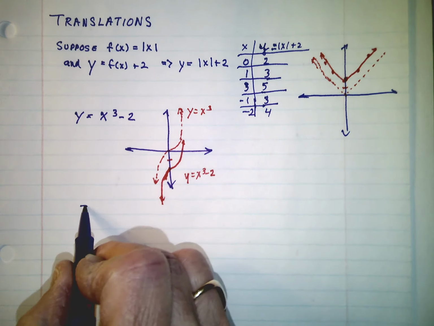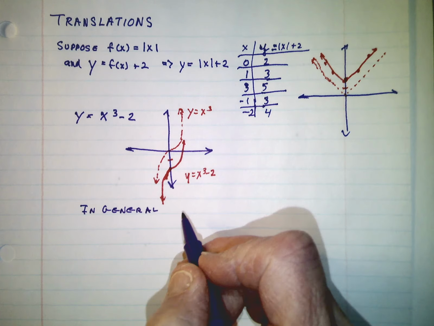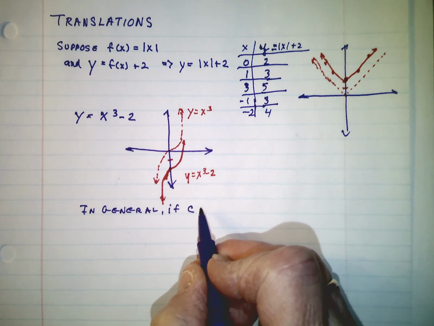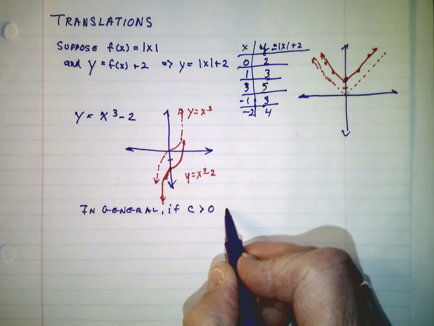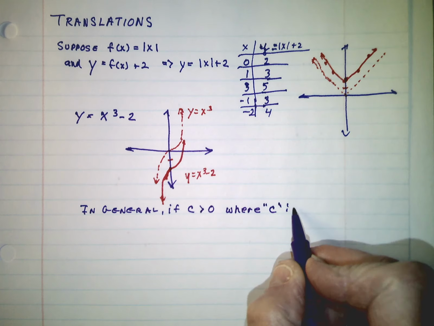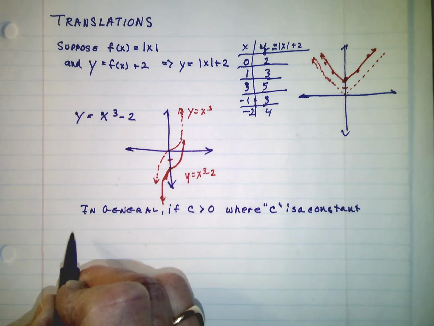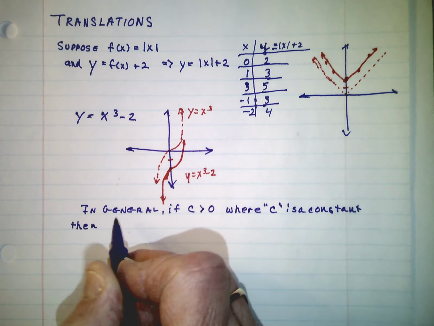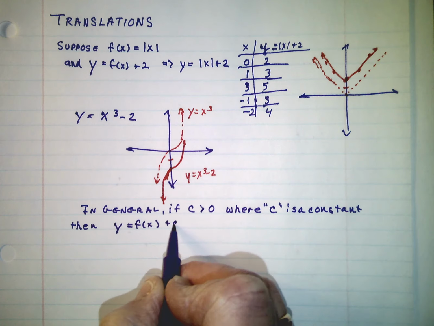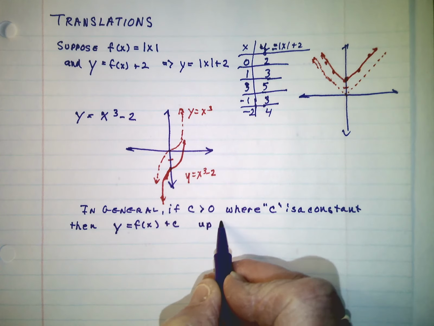In general, if c is greater than 0, where c is a constant, it's not going to change, it's just some number, then y equals f of x plus c is just going to make the graph go up c units.